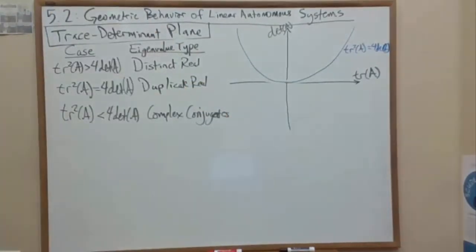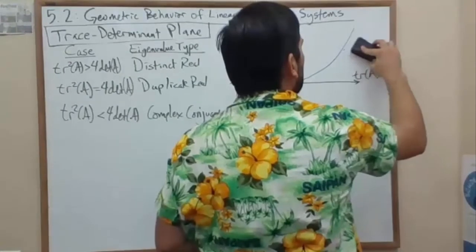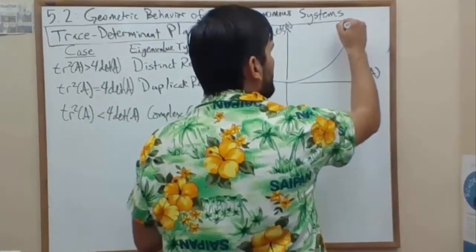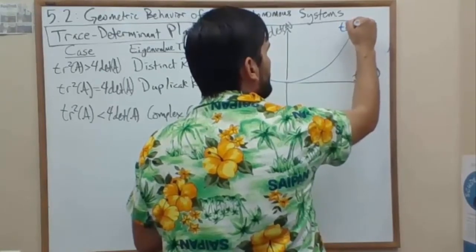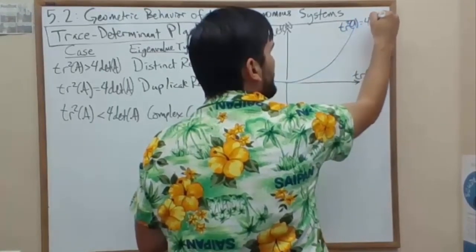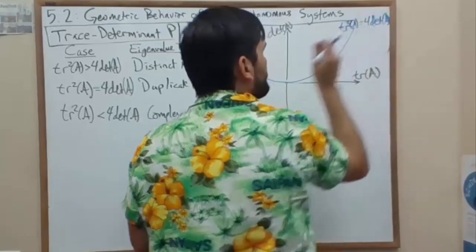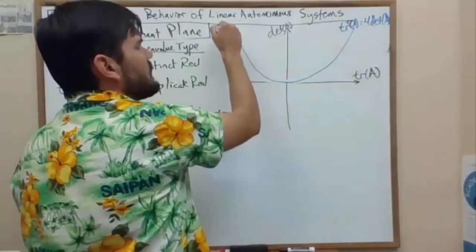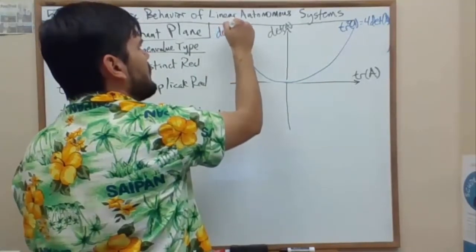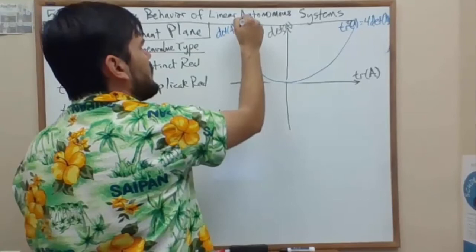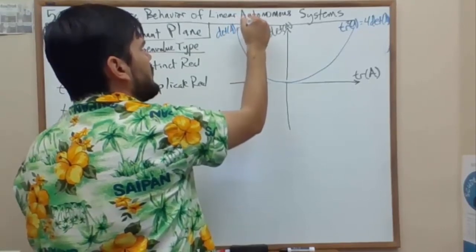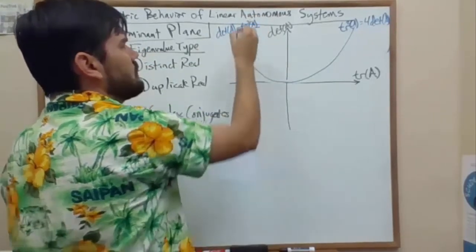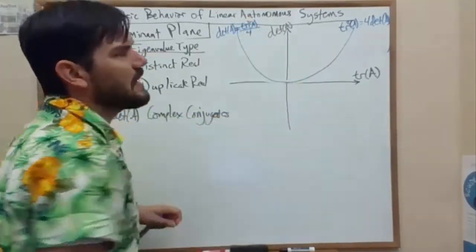Let me erase it. Try that again. This is where the trace squared of A equals 4 times the determinant of A. Another way to think of that is the determinant of A equals 1 as the trace squared of A divided by 4. So 2 ways to define the same quadratic.